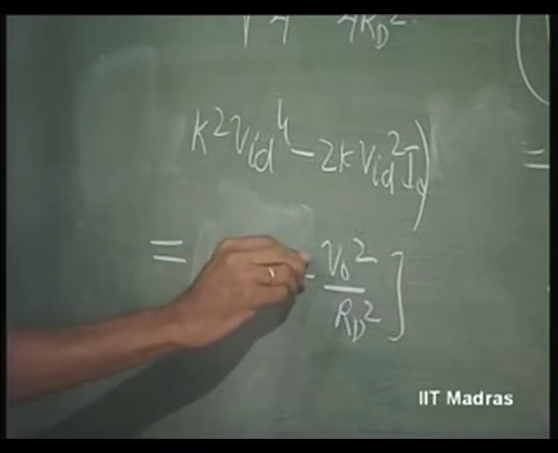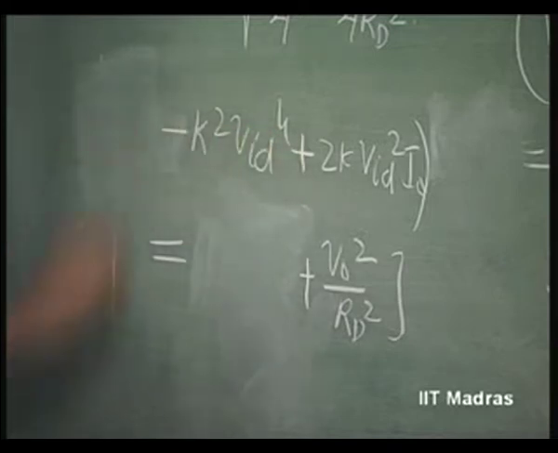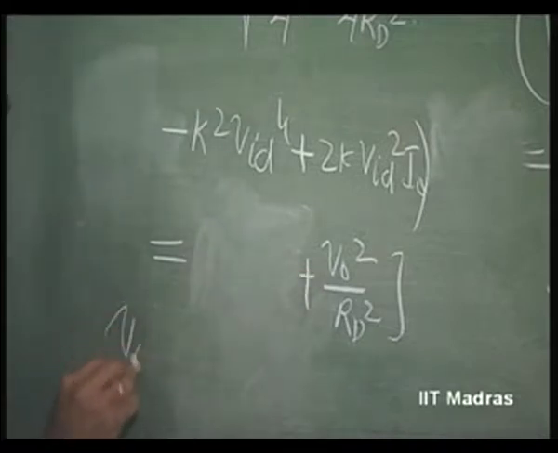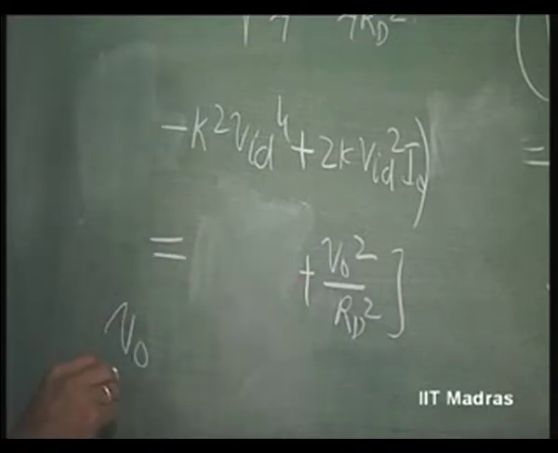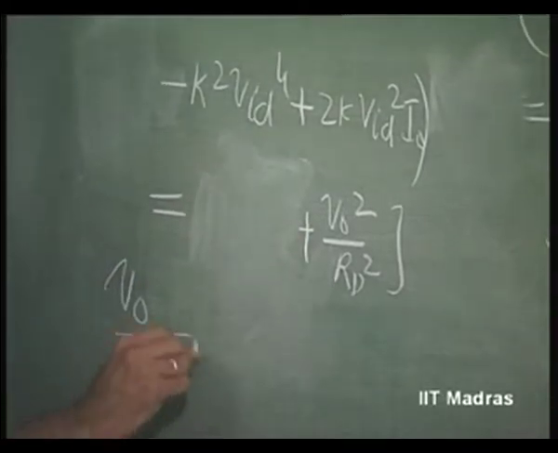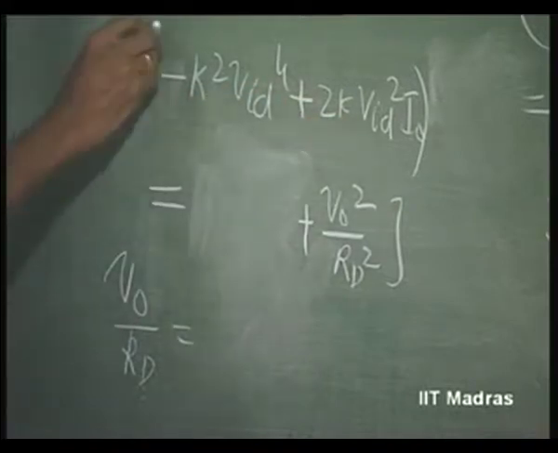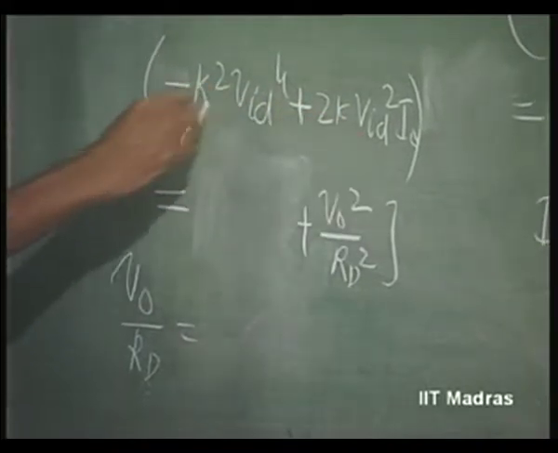So, we make this plus, right, or we want V naught. So, V naught by RD, root of that, we take root of this. If you take root of this, you have VID squared, VID to the power 4 here.